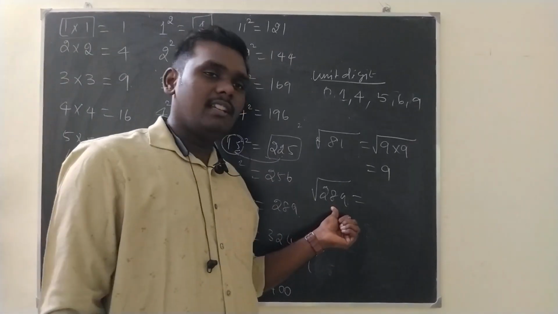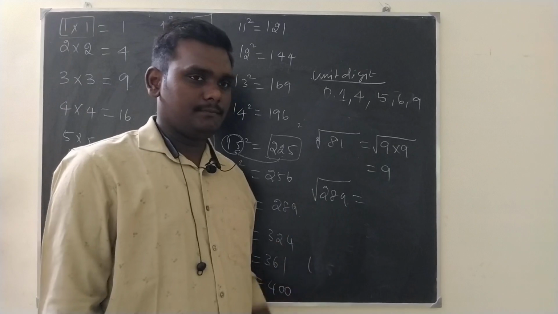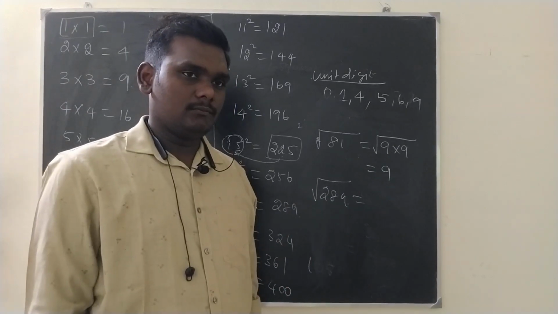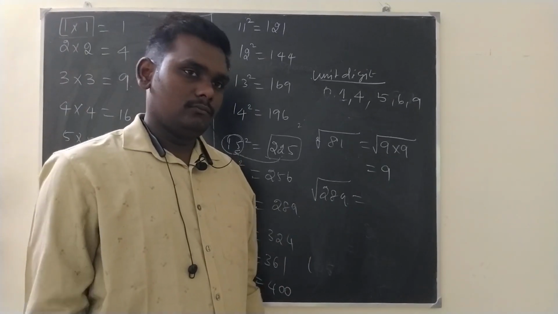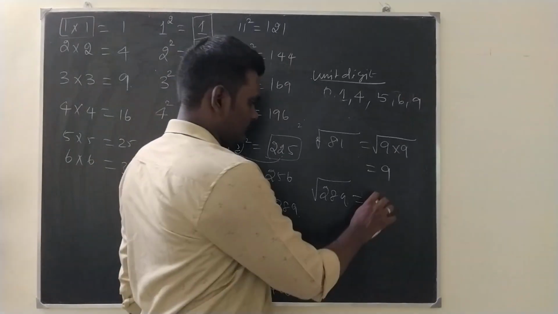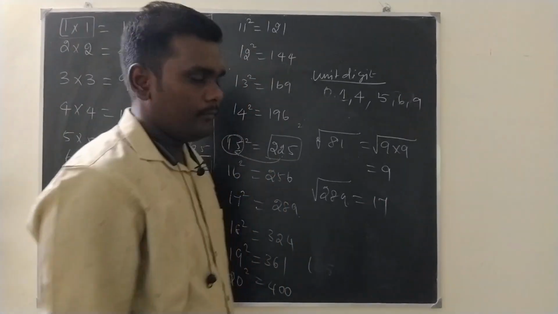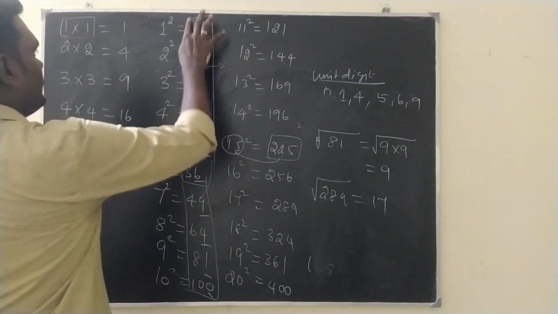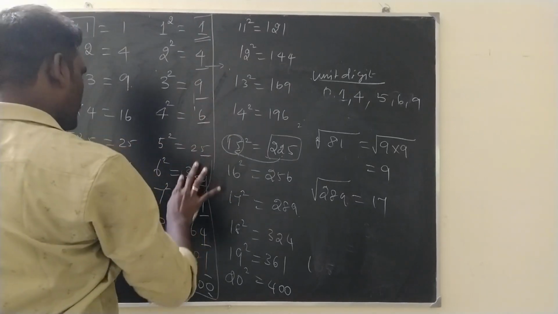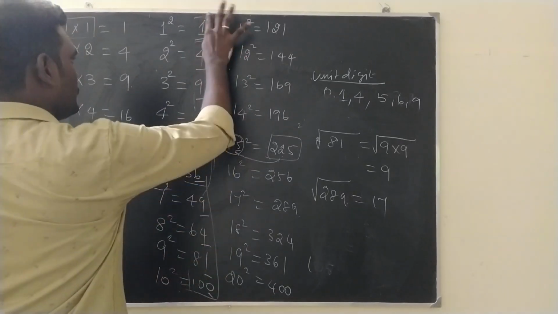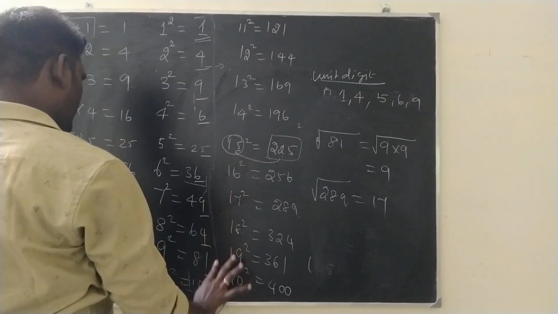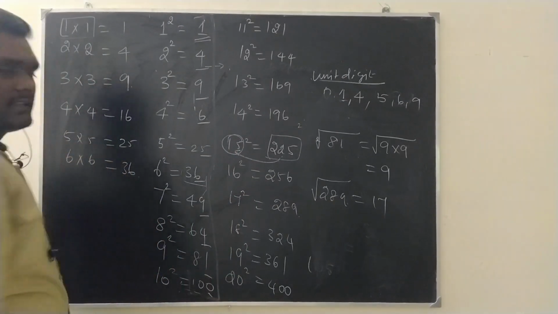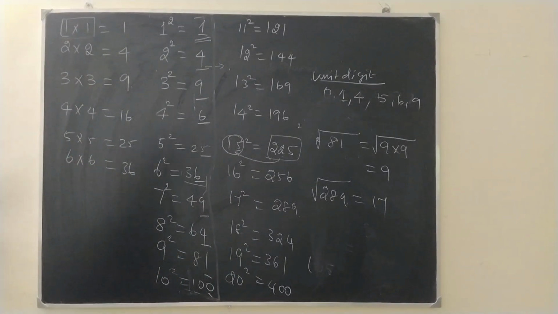Which number multiplied with itself will give you 289? 17. That's all. Likewise, we have to find a relation between these unit digits. What is that relation?